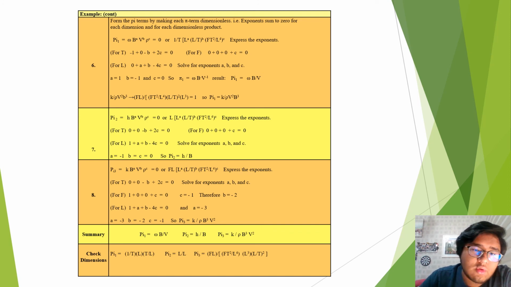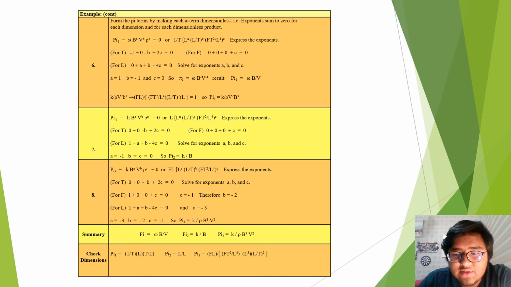So at the eighth step, we can conclude that we have the equation for pi1, pi2 and pi3. So for summary, pi1 is equal to frequency times b over v, pi2 is h over b, pi3 is equal to k over rho b to the power of 3 and v to the power of 2. So that's all the 3 pi that we have to find.